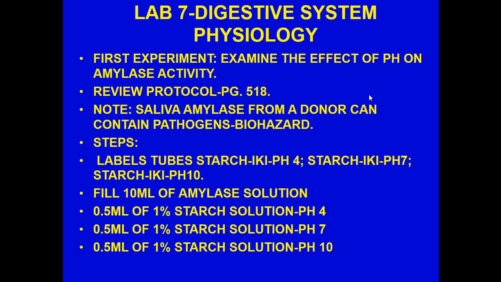And to be honest with you, if you go back 30, 40 years, people weren't thinking about biohazards and pathogens. It was equally common to have someone just donate some saliva into a test tube to get the salivary amylase, just like it was equally possible in a high school or college lab exercise to prick your finger and donate some blood for a blood typing experiment.